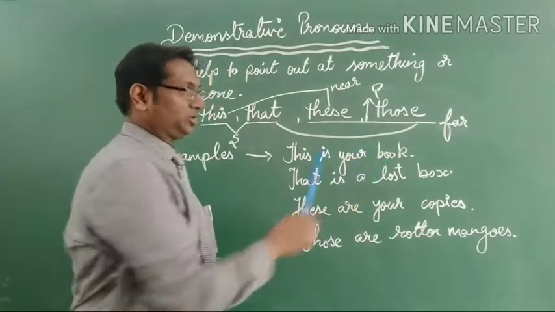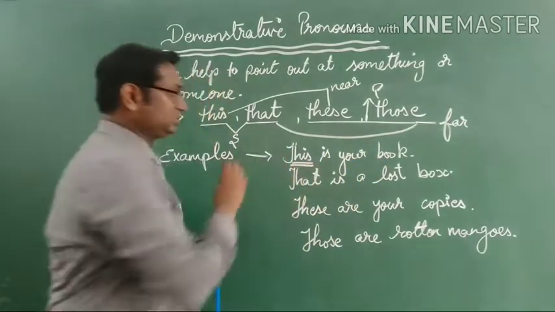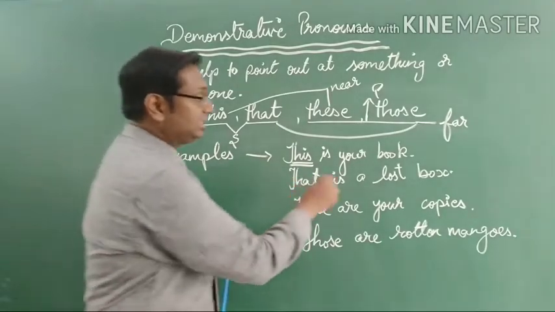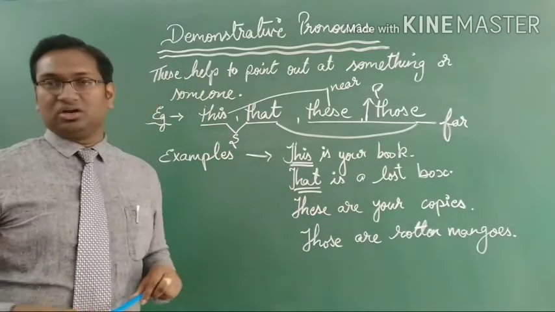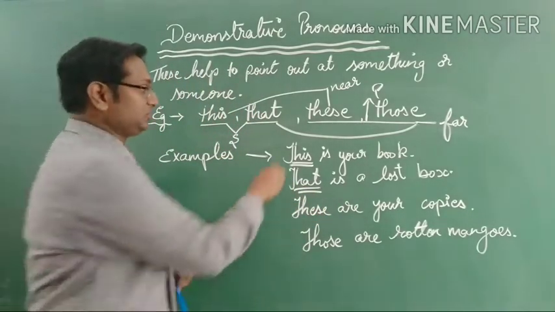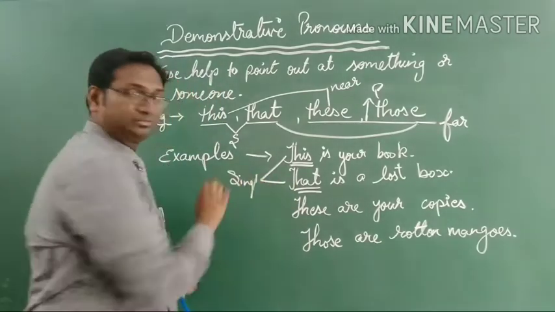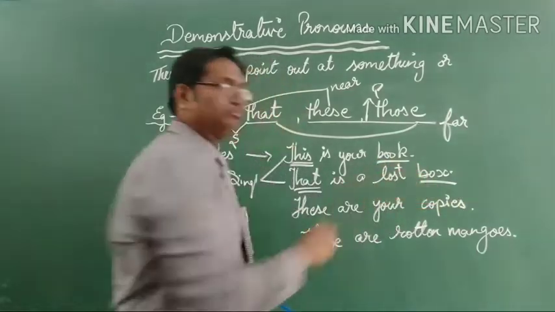This is your book. Over here, this is your demonstrative. That is a lost box. That is your demonstrative pronoun. So this and that are used for singular, because we are talking about a book and a box.